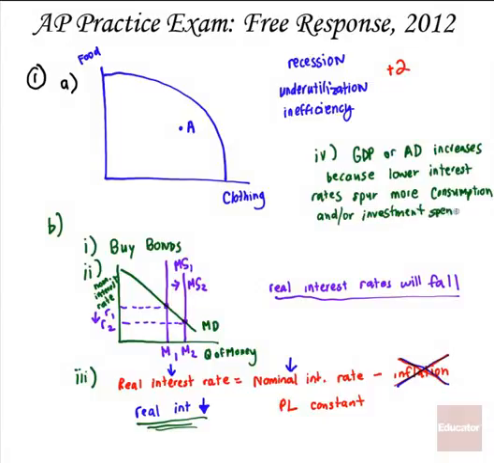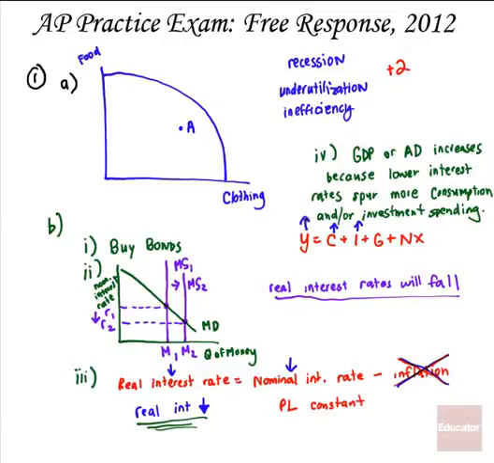Basically, when interest rates are lower, consumers are going to take out more loans to buy more consumer products, and businesses are going to invest more. That's what this question is after, and you get the 6th point for part B if you can get that. You want to make sure you have this macroeconomics equation, Y equals C plus I plus G plus NX. If interest rates go down, then I goes up or C goes up, and if either C or I goes up, then Y, or real GDP, goes up.